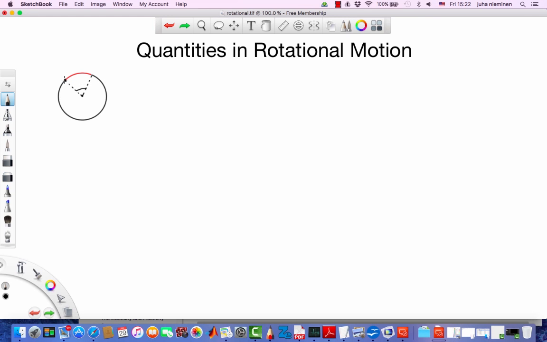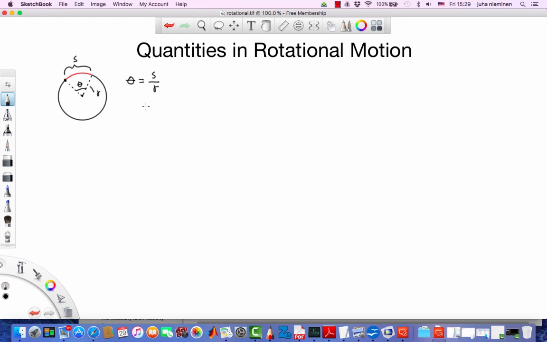So let's start from the geometric identity between linear motion and rotational motion. Here we have a point that's rotated through an angle theta. In that time it has covered the length of an arc that we call S, and this is the radius. And the angle theta, that is expressed in radians from now on, is the length of the arc S divided by a radius r.